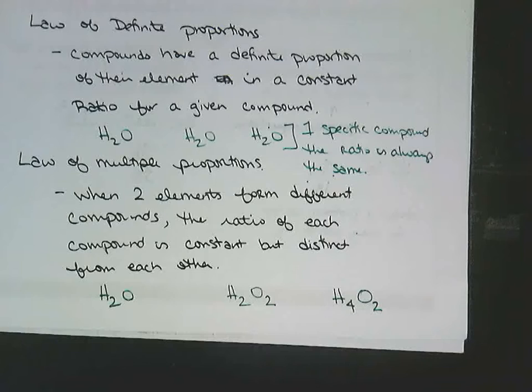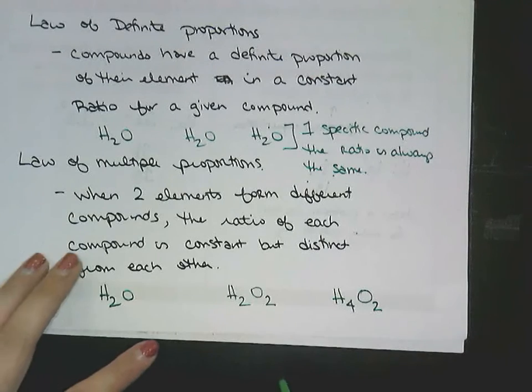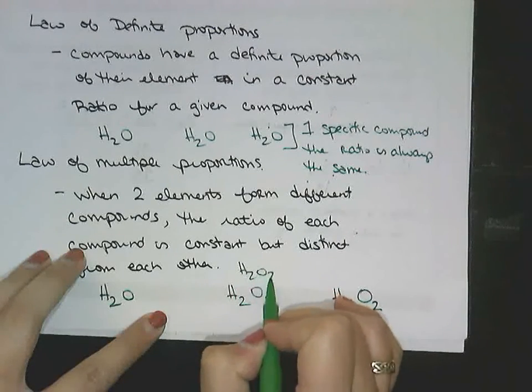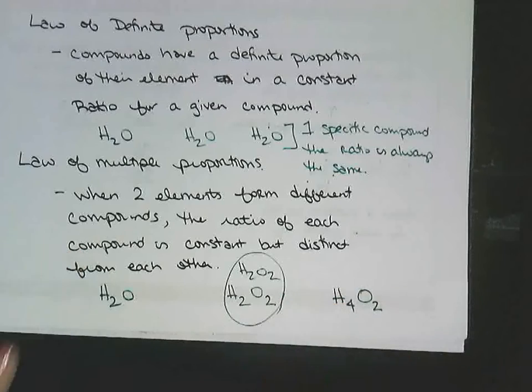I'm going to do his question and your question. You said the ratio of each compound is constant. So how could H2O2 be the same? Oh, I'm saying it's constant to itself. So I make H2O2, you make H2O2. Those ratios are constant, because these guys have to obey the law of definite proportions. These two are obeying the law of multiple proportions.